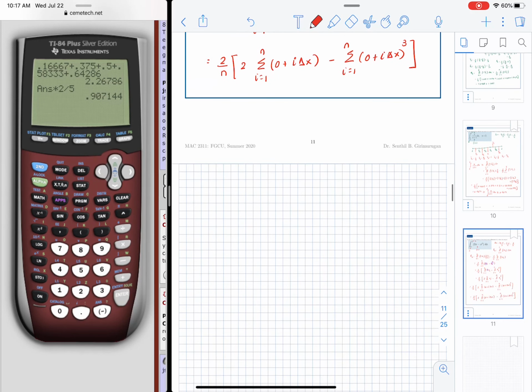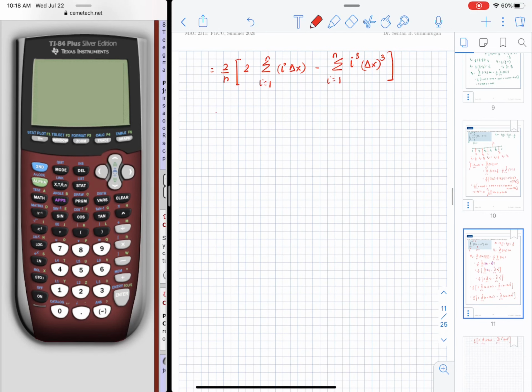And that would give us 2 over n, 2 sum i equals 1 to n, i delta x, minus sum i equals 1 to n, i cubed delta x cubed. Delta x, once again, is a constant.